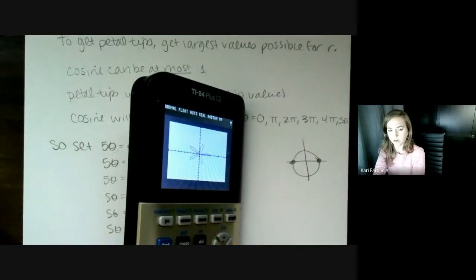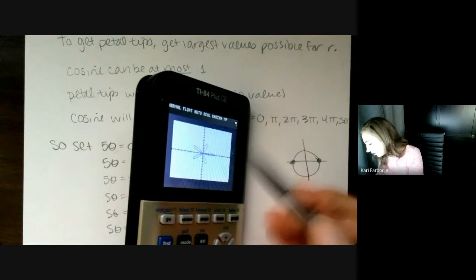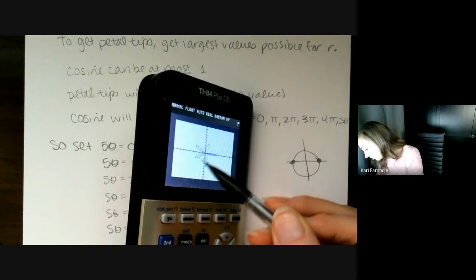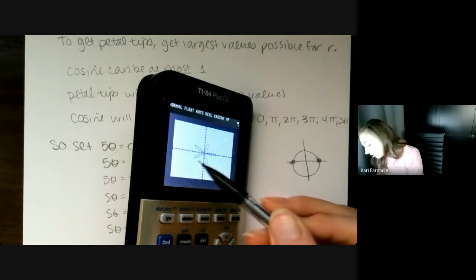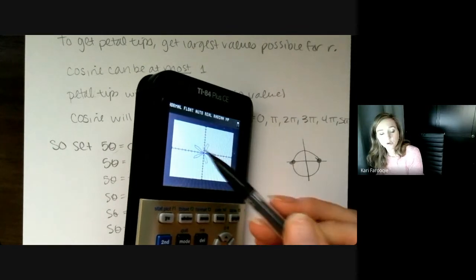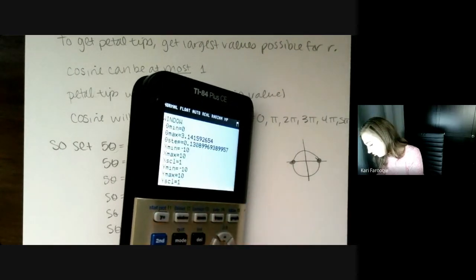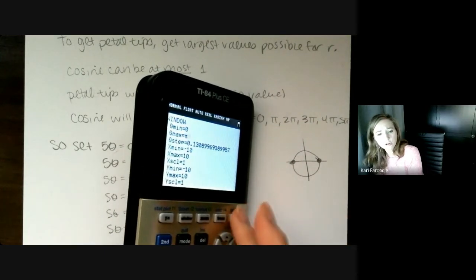I know it's kind of hard to visualize pi over 5. It's a little bit more than pi over 4, and it goes in the opposite direction. So probably this one down here. But that's going to be one of your petal tips. And actually, if you would like, you can even watch this regraph itself. You might have to say something, even if it doesn't switch, to get the circle to come back.